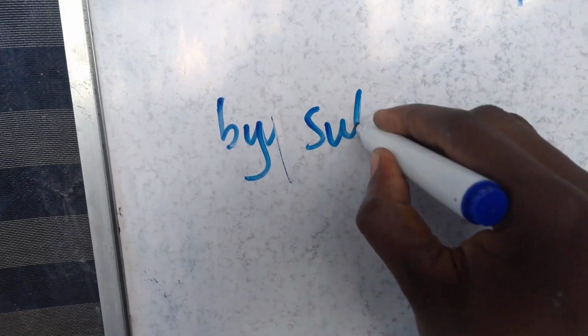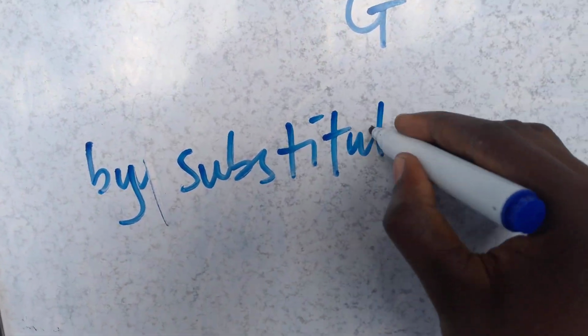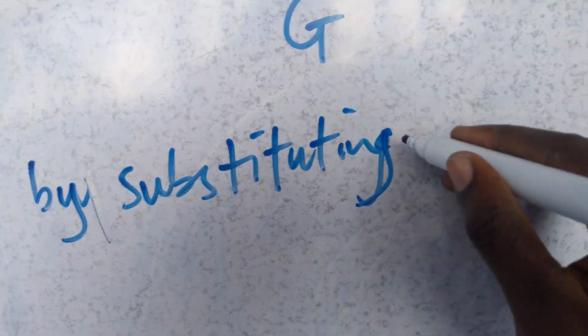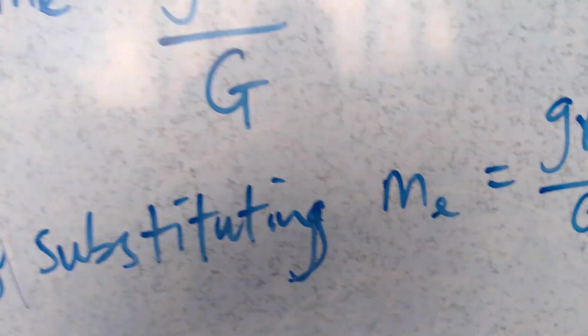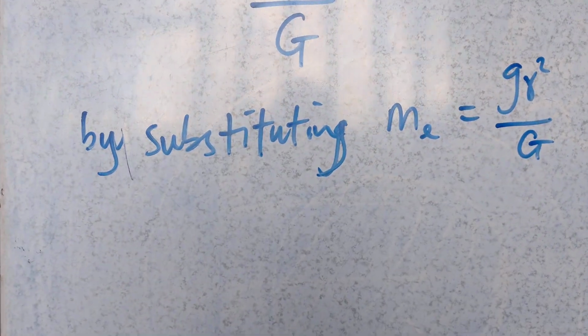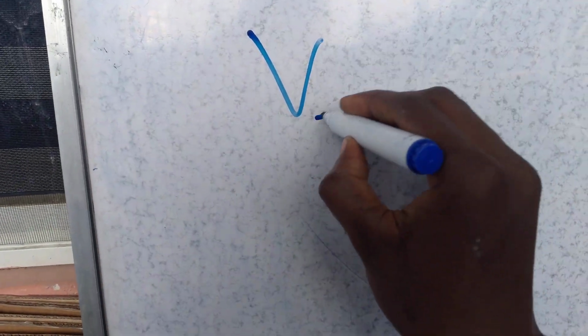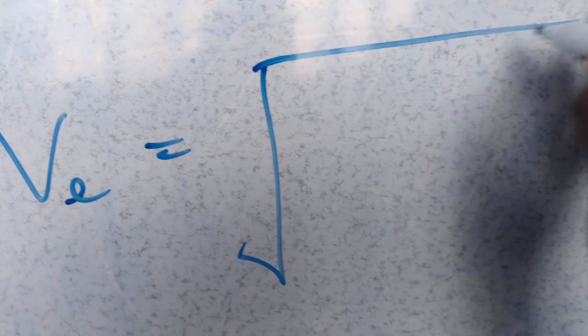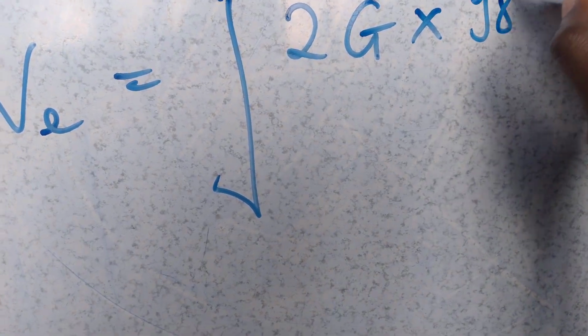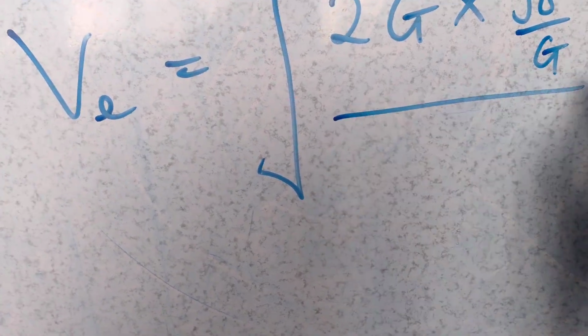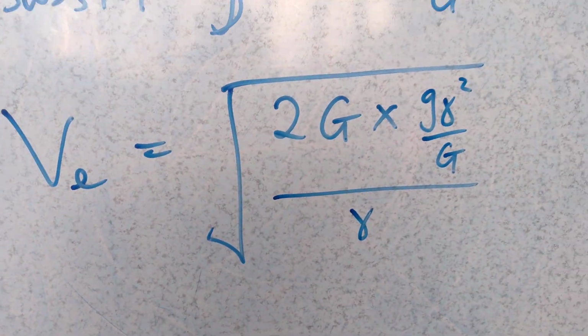Substituting Me equals g r square over G, I'll have that V, escape velocity, is the square root of 2G times g r square over G, divided by r.